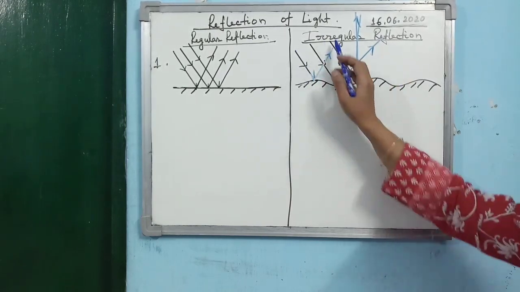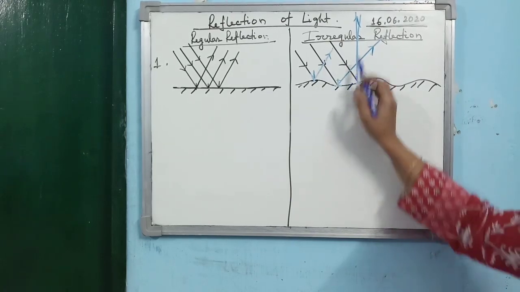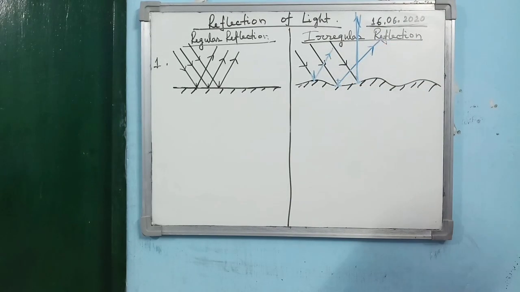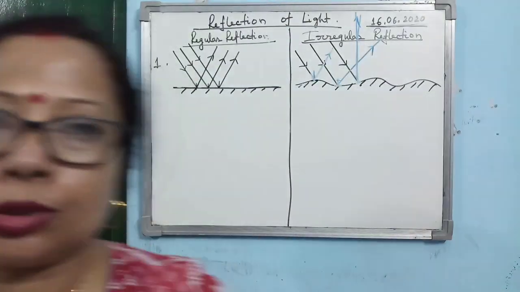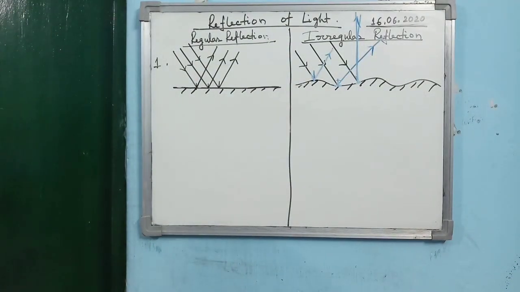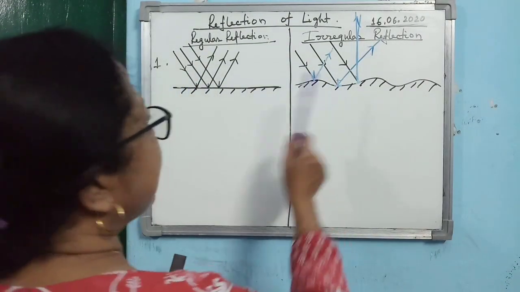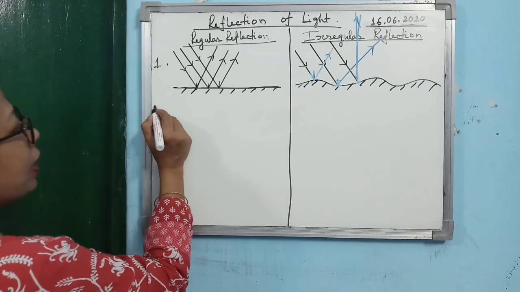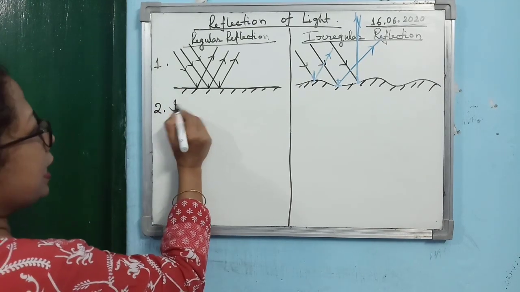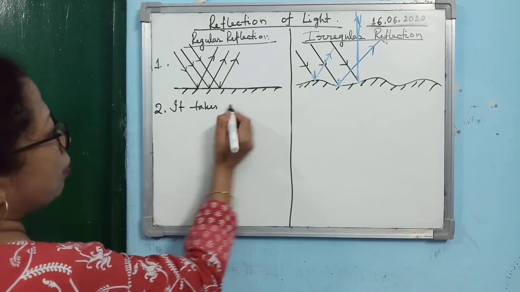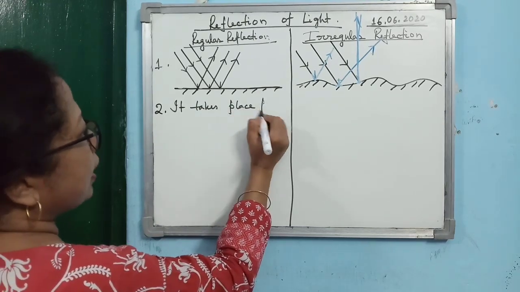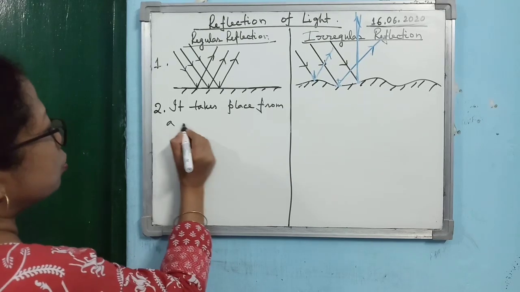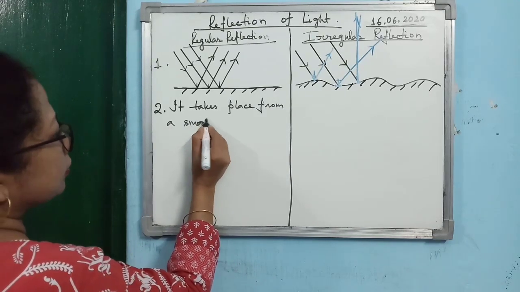The incident rays are parallel, but what about the reflected rays? The reflected rays are not parallel to each other. So these are the two cases of regular reflection and irregular reflection. Now, regular reflection takes place from a smooth surface. What is the second point of difference?